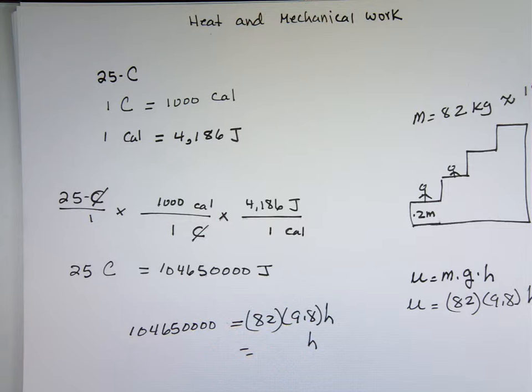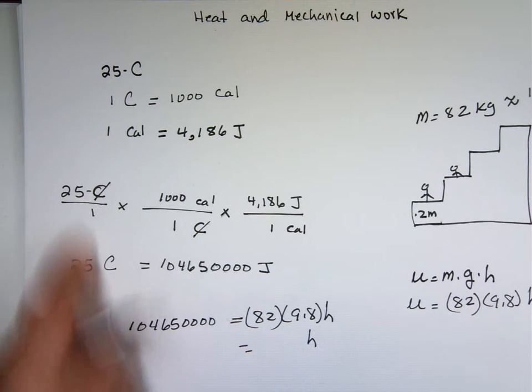So divide that by 82 divided by 9.8. I'm getting a huge number. I'm getting 130,000. Is that what you got? Can't be. That's a huge number. There's no way you're going to climb that many steps.